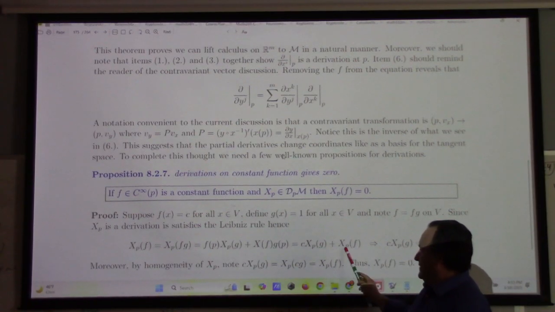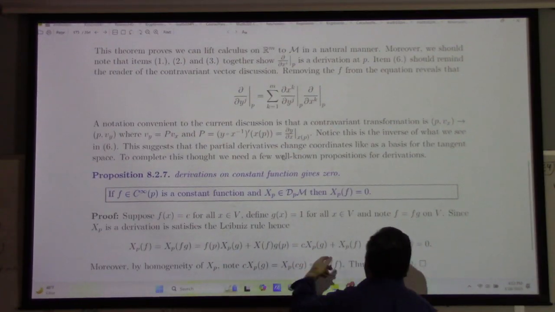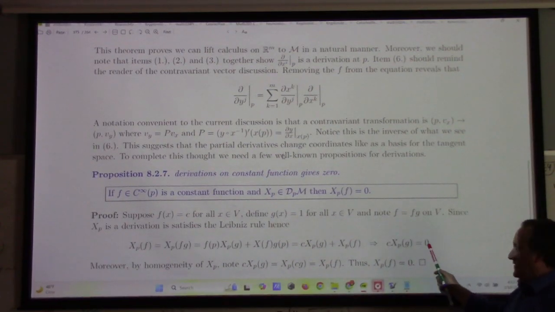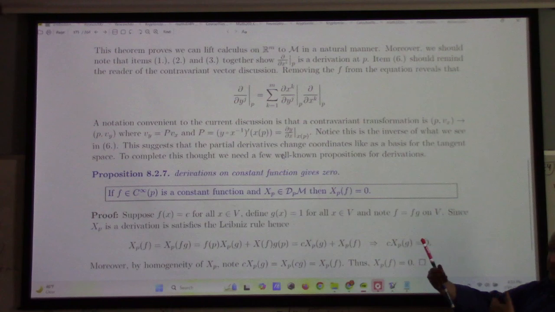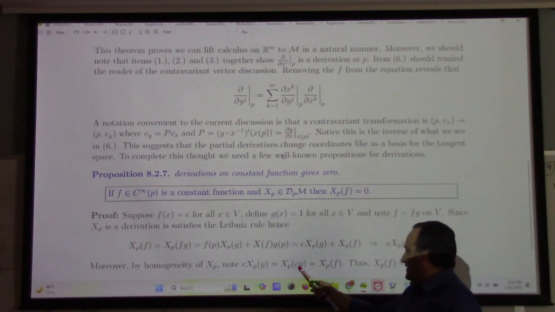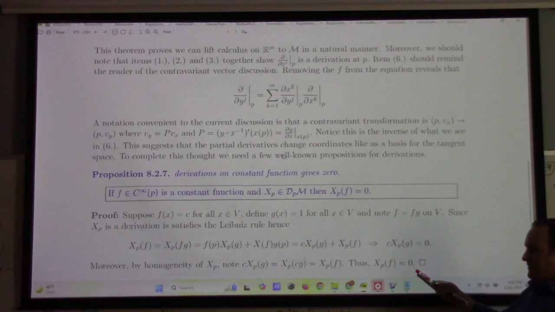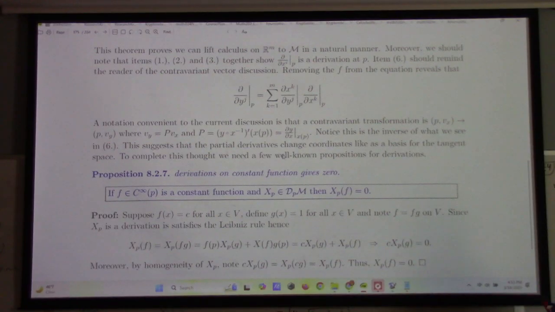So we get this plus that, but then you've got both places. They cancel. It leaves you c times X sub P of G equal to 0, but then you can pull the constant inside, and once you pull the constant inside, you're back to F again, which shows you that X sub P of F is equal to 0, where F is a constant function. So we can derive that a derivation acting on a constant function is 0 just from the algebraic properties.